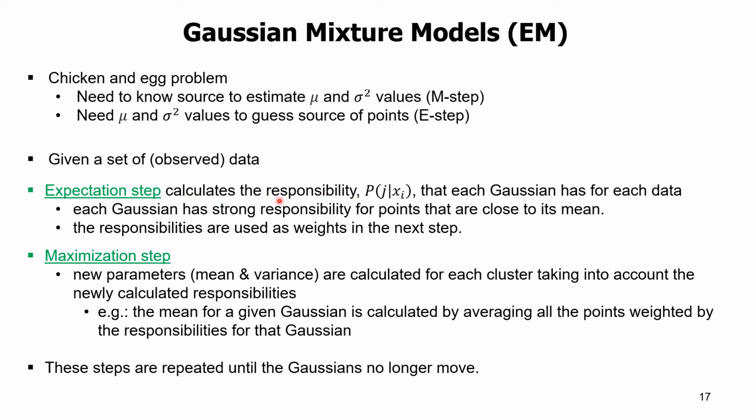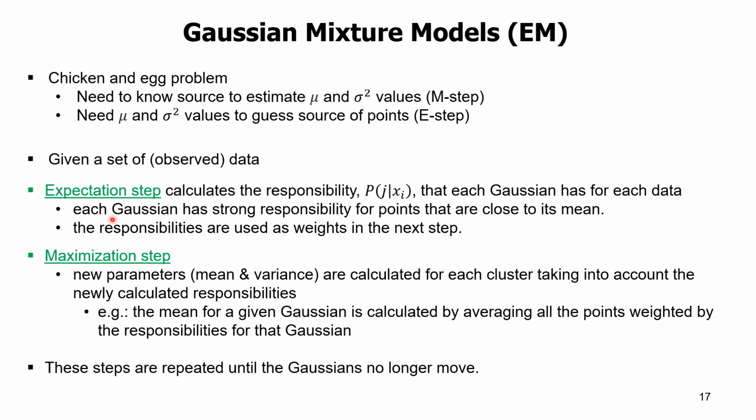The responsibility is the probability that a certain data point belongs to a certain cluster J, a certain Gaussian J. That is called responsibility. So using the parameter values, you compute the responsibility. That's the expectation step.